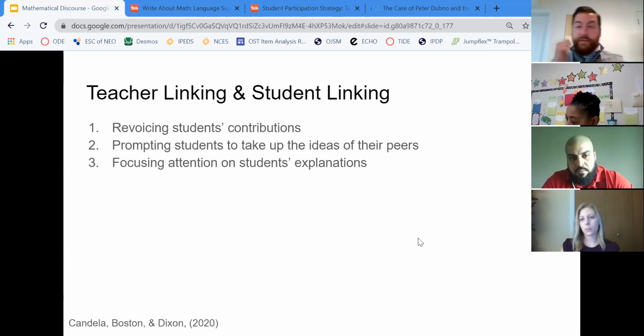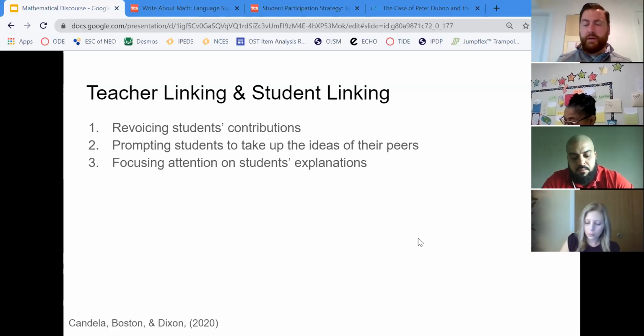Having students revoice each other and explain. What that does is two things. Number one, it's an active listening technique, right? You're holding students accountable for active listening. And also, it gives students an opportunity to see where the holes in what they explained might be. Because if you tell me how to do something and then I have to turn around and tell someone else, all of a sudden I understand, well, wait a minute, I don't have as much information as I thought I did. So revoicing other students' ideas is a pretty powerful technique.